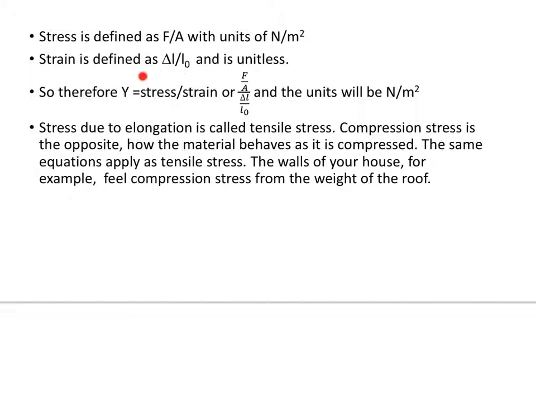So therefore, we can say that the elastic modulus is equal to stress divided by strain, or this expression right here. So if you move the values around algebraically, you'll find that's the same equation that we saw on the previous slide. And of course, this again shows that the units for elastic modulus would be newtons per square meter because this ratio is unitless.